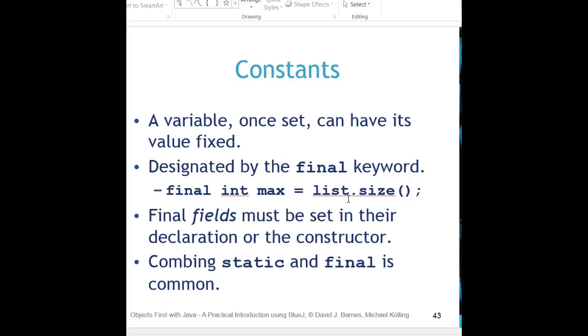Final fields must be set in the declaration or the constructor, and combining static and final is very common. If our value is intended not to change, we declare it with final. That makes sure that it cannot accidentally be changed later on.